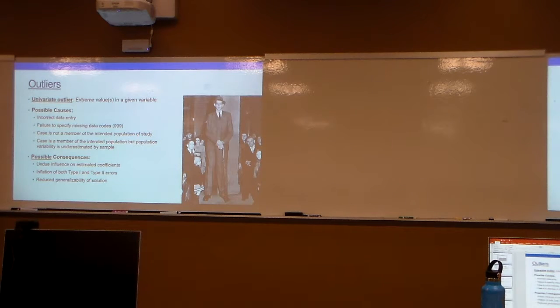Next, the case is a member of the intended population, but population variability is underestimated by the sample, right? So if I'm looking at, say, the age of my intro students, and I'm interested in all intro students, and I get someone of advanced age in Psych 1000, which could happen, this person isn't necessarily not a member of the intended population.